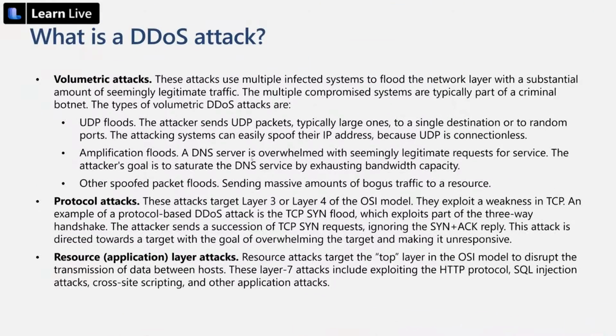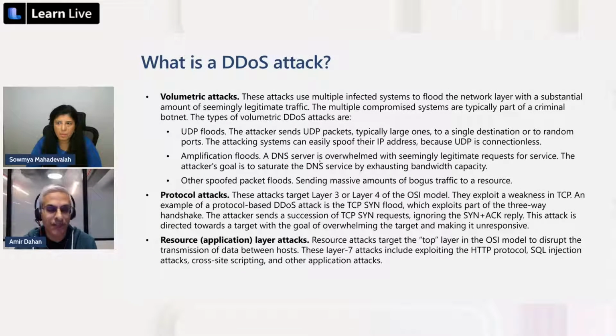It doesn't really matter if those attacks are carried over UDP, or are amplification reflected attacks, or the attacks are spoofed. The main purpose here is to choke the network layer so that the application does not get the traffic from legitimate users and becomes unavailable for the end users.